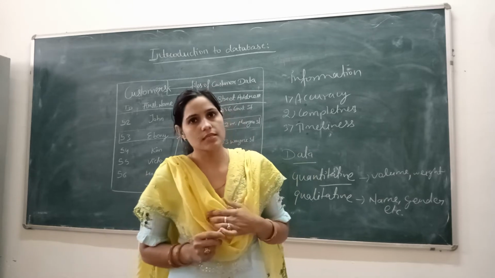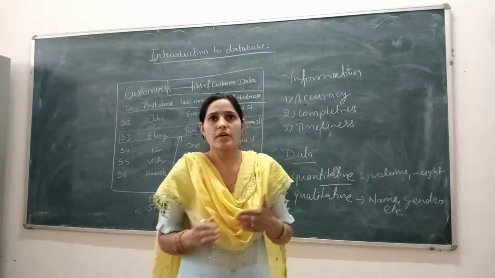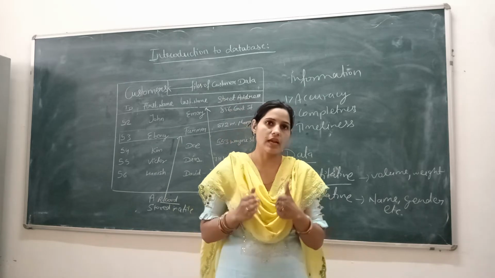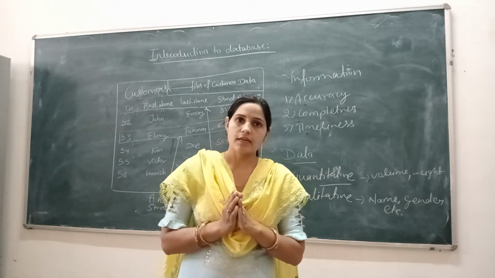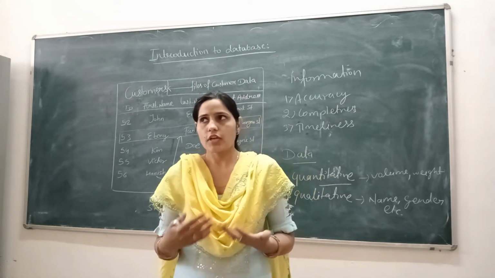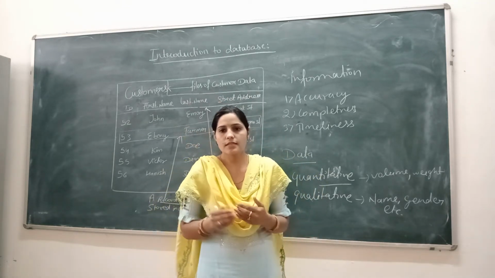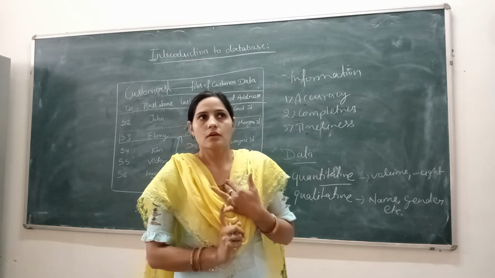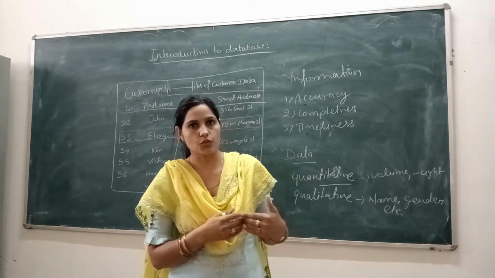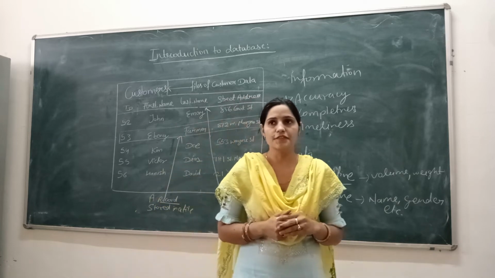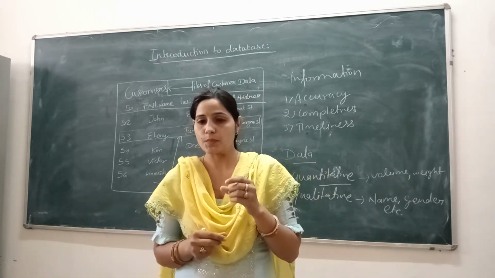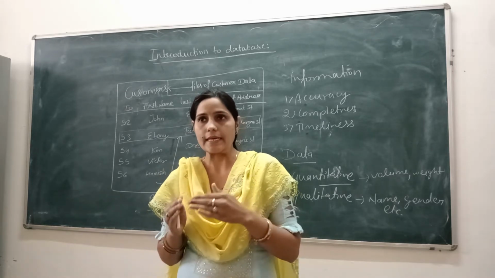Okay. The second thing is a file. A file is nothing but a collection of records. If we organize some data, it is in the form of records. For example, it is a collection of passengers' records. The third thing is a field. A field is defined as a unit of information about some entity.